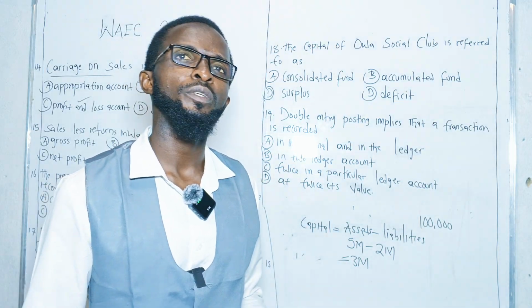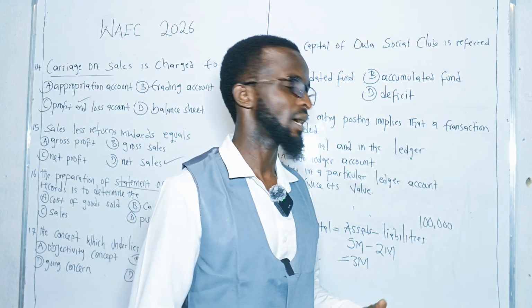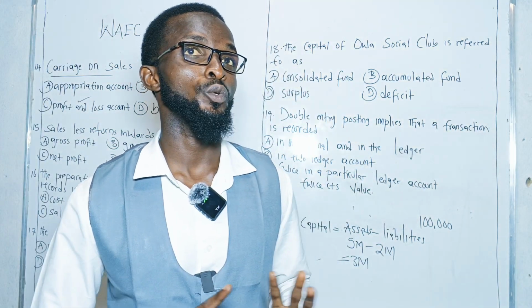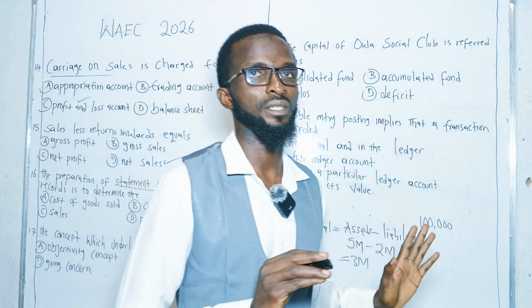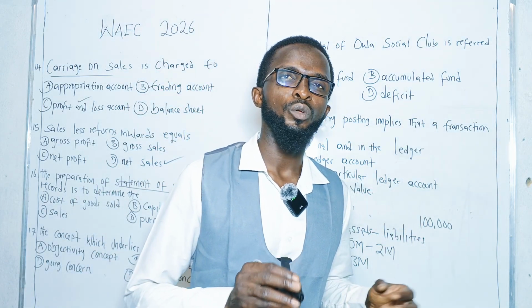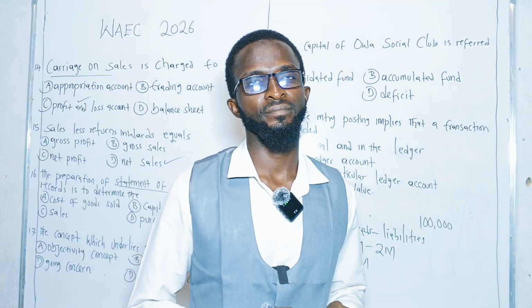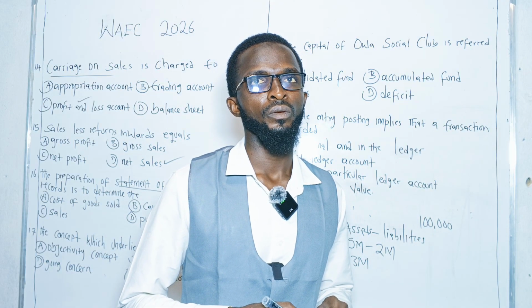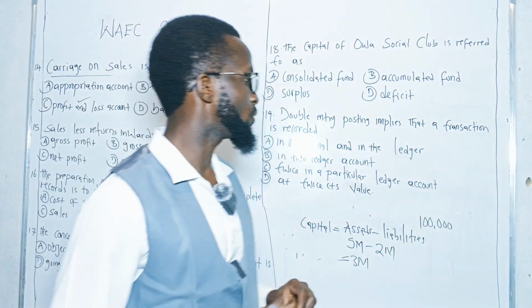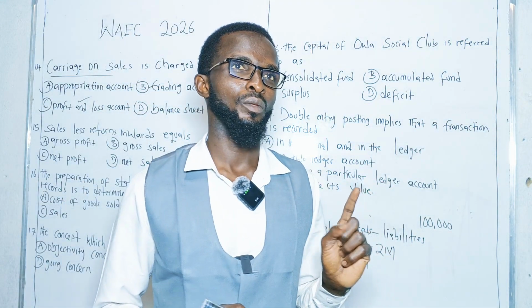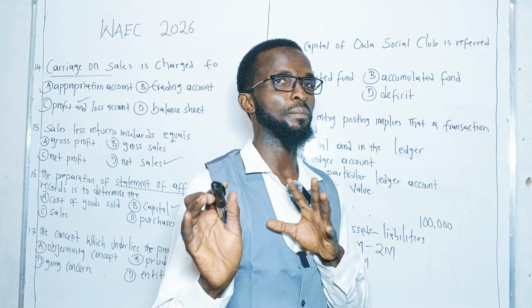So are you going to prepare your statement including that 10,000 that you still doubt? The answer is no. You are not going to include that 10,000, so that you do not overstate your profit or your assets. Therefore, we are going to report 90,000 as your debtors, because the 10,000 is under probability.